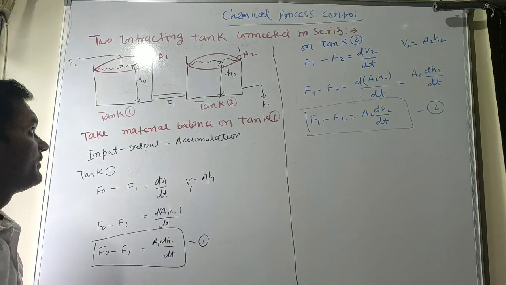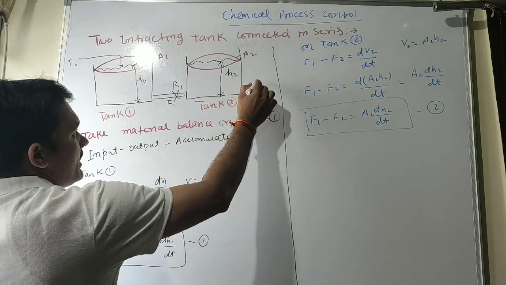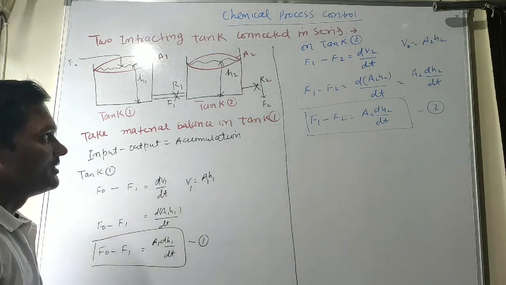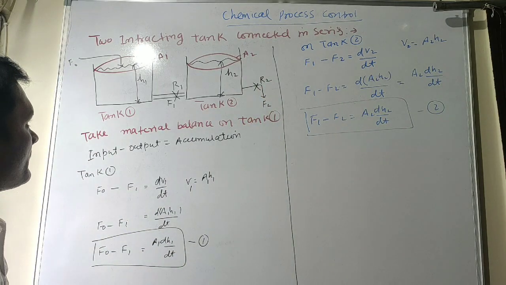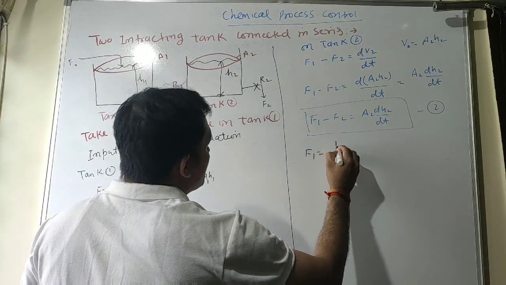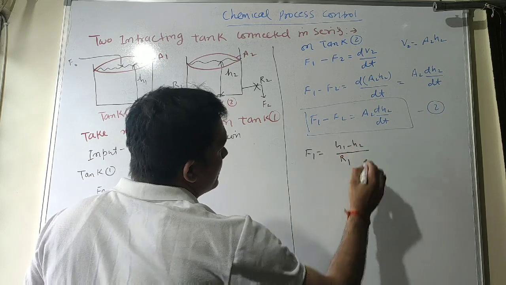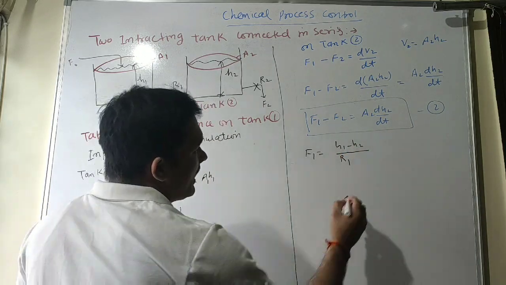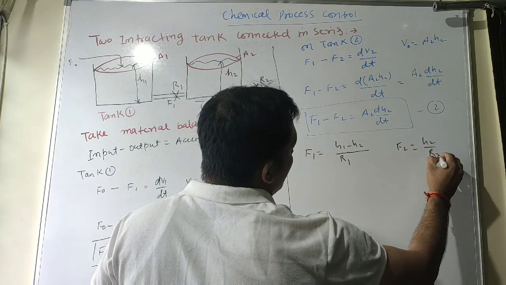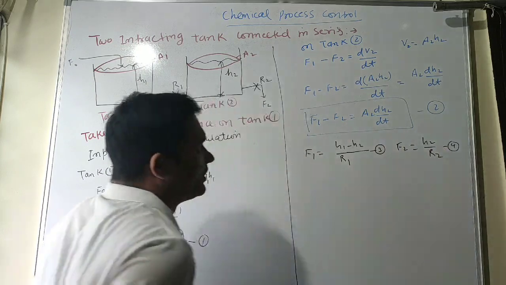If the resistance of the first outlet is R1 and the resistance at the outlet of tank 2 is R2, then F1 will be H1 minus H2 upon R1, and F2 will be H2 upon R2. These are equation numbers 3 and 4.